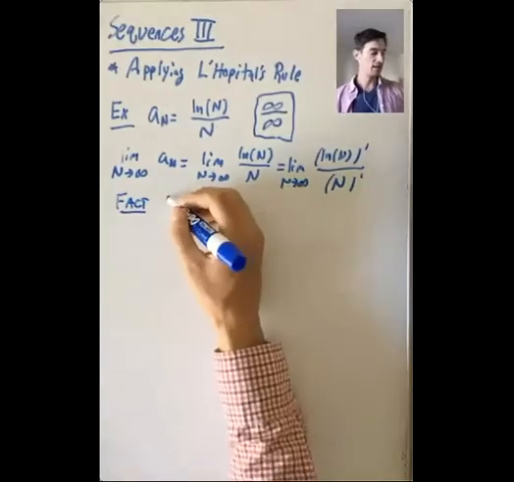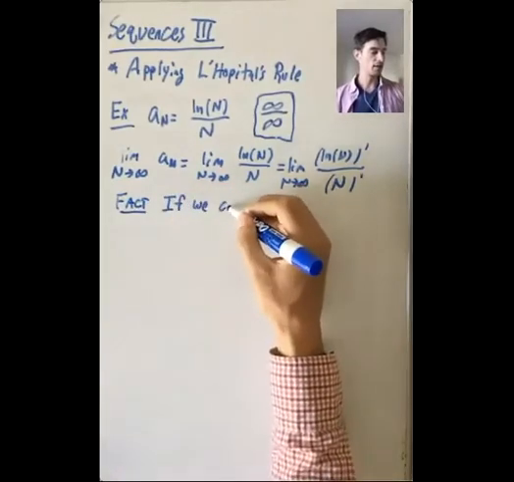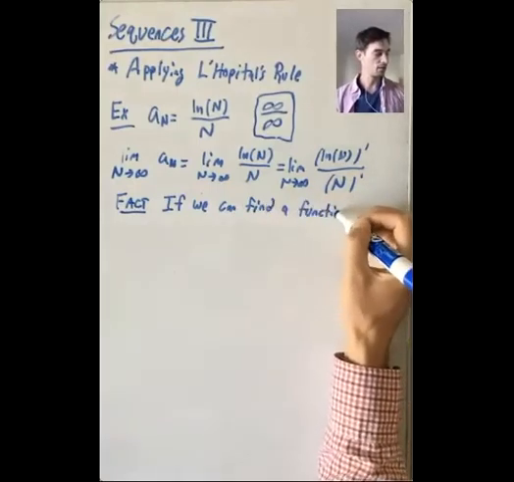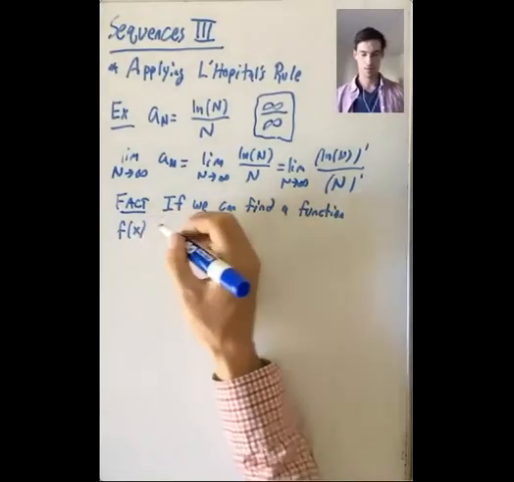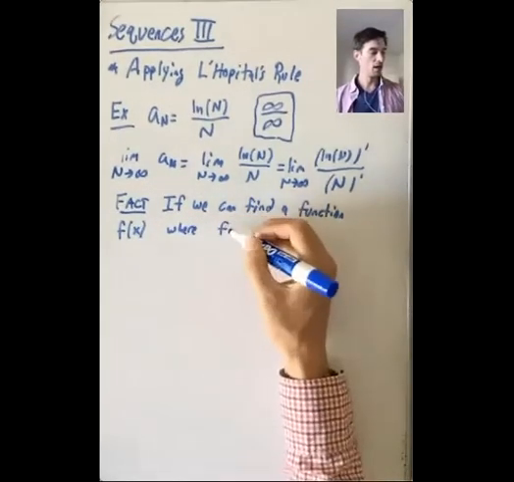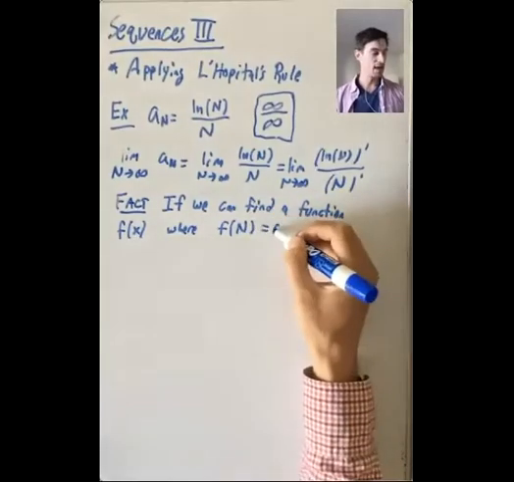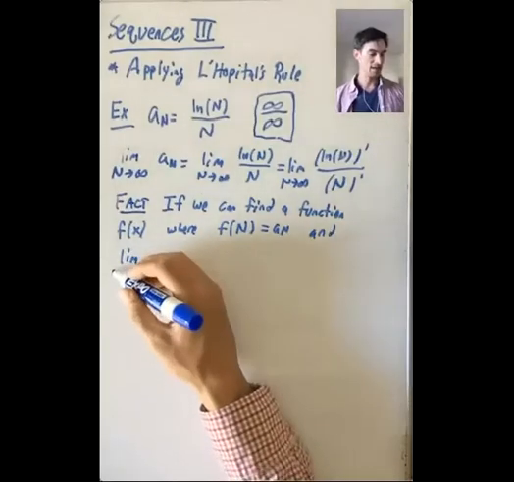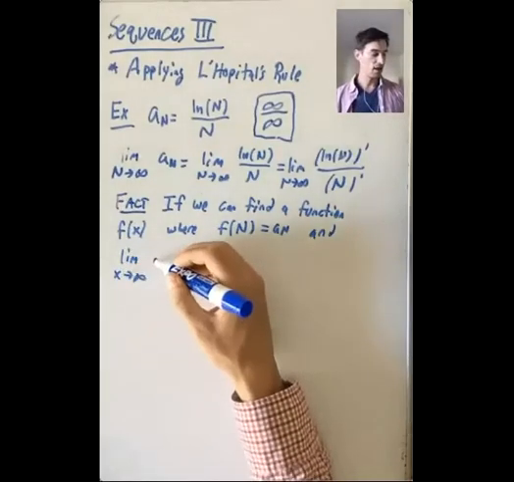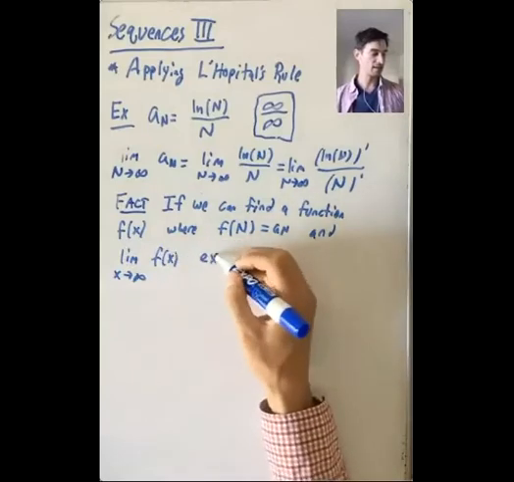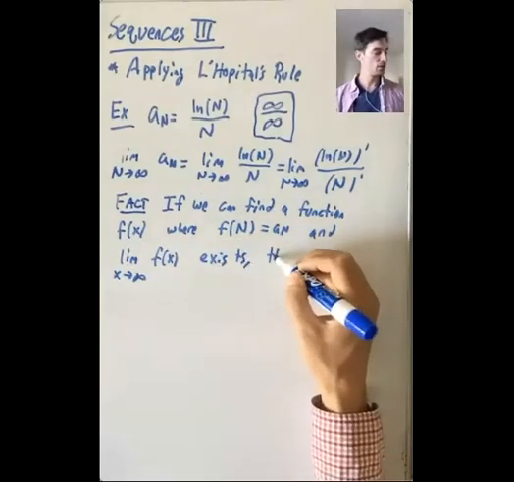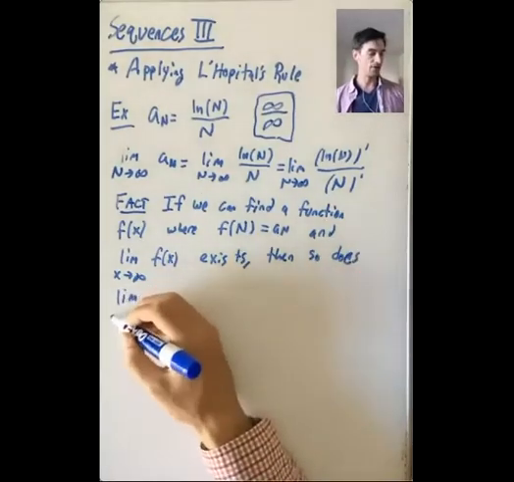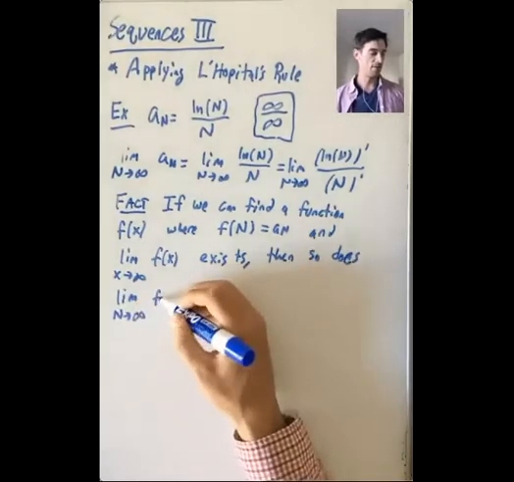So the idea is if we can find a function, let's call it f(x), where when you put in a whole number n, you get a_n, and the limit as x goes to infinity of f(x) exists, then so does the limit as n goes to infinity of f(n).